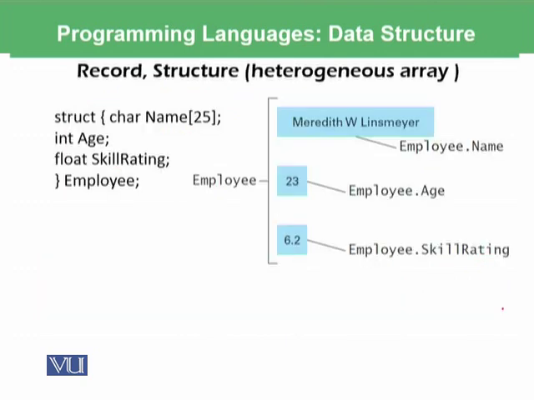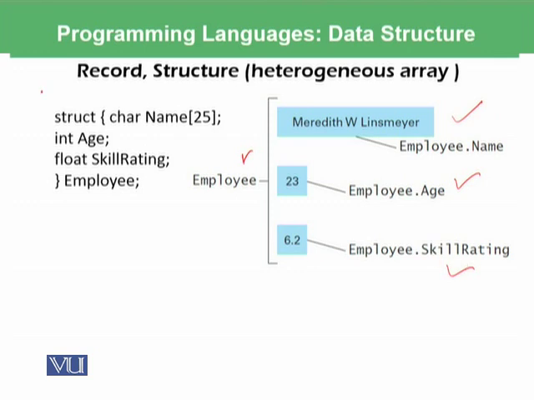In the record data structure, it can contain different types of data. For example, we want to store the information of an employee that might have a name, an age, and a skill. The name is of character type, the age is of integer type, and the skill rating is of float type.